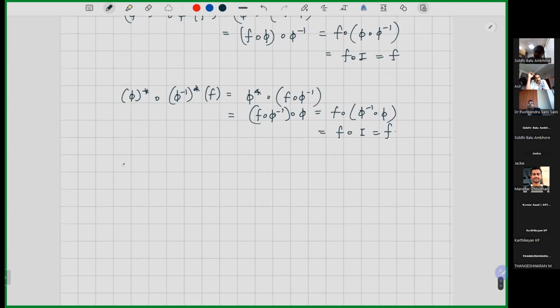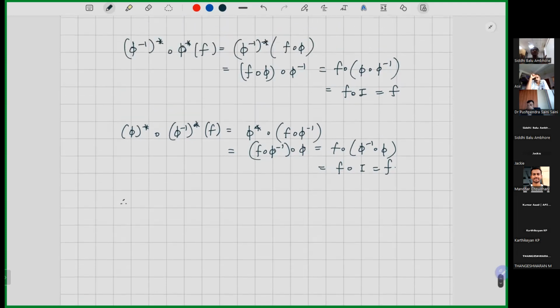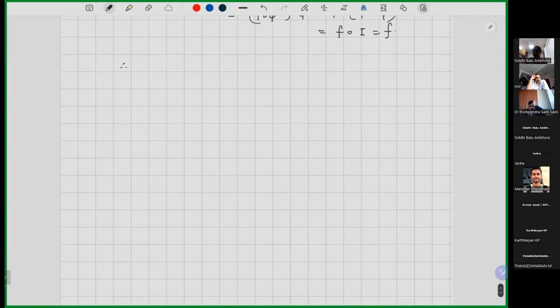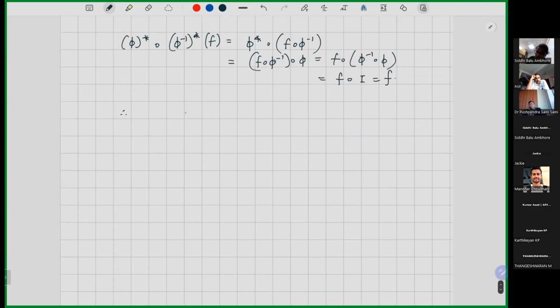So we know that if I get linear transformations such that ST is equal to I and TS is equal to I, then they are invertible, and therefore this phi star is an isomorphism.